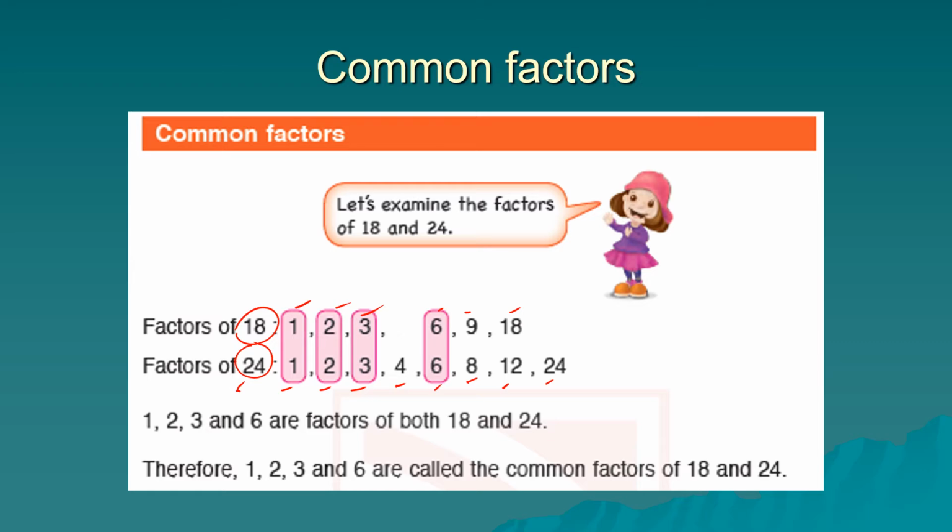It means that 18 and 24 can be divided by 1 without leaving a remainder. 2, they can both be divided by 2, so as 3 and 6. So these are the common factors of 18 and 24.